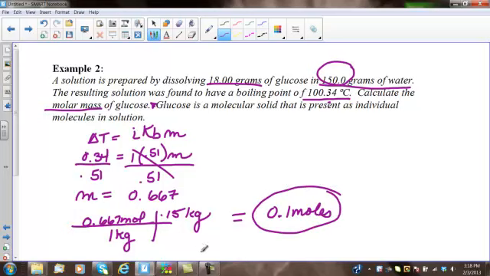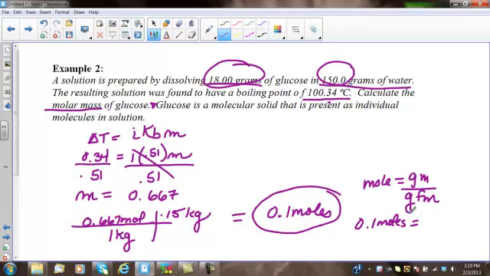We have 0.1 moles. We know that moles equals given mass divided by gram formula mass. We know that we have 0.1 moles. We also know that we're dealing with 18 grams, and we don't know the GFM.